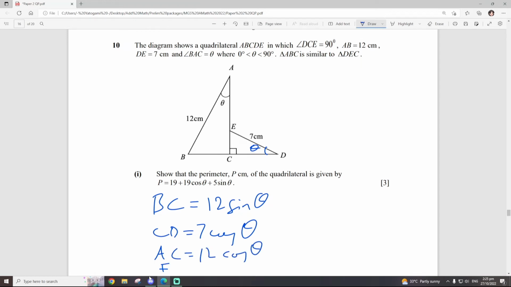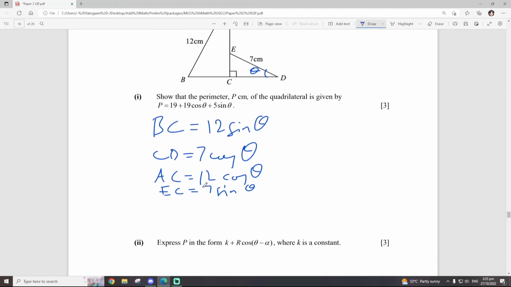And EC is 7 sine theta. Okay, then from here you can find what P is. P equals AB plus BC plus CD plus DE plus EA, which is AC minus EC, rather.